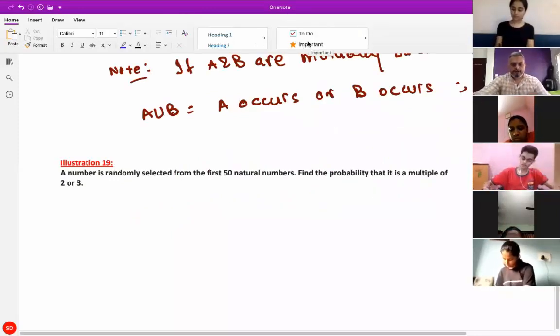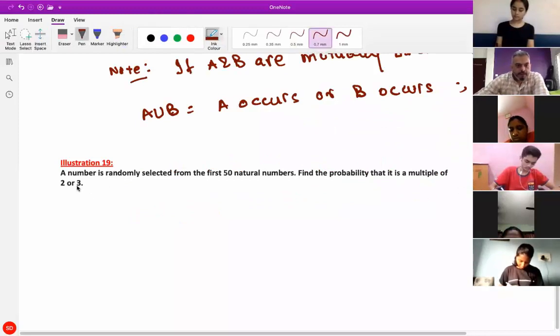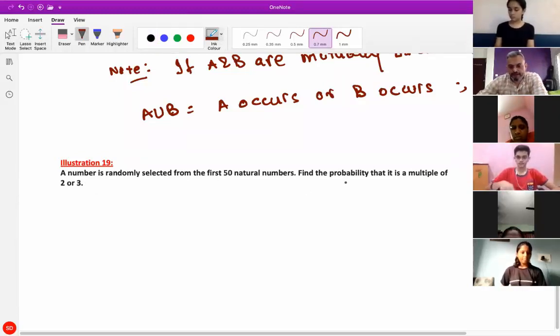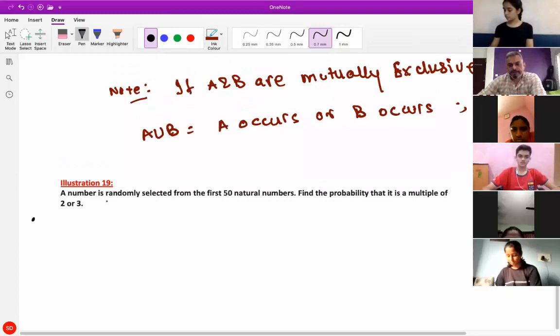Now illustration 19: a number is randomly selected from first 50 natural numbers. Find the probability that it is multiple of 2 or multiple of 3.